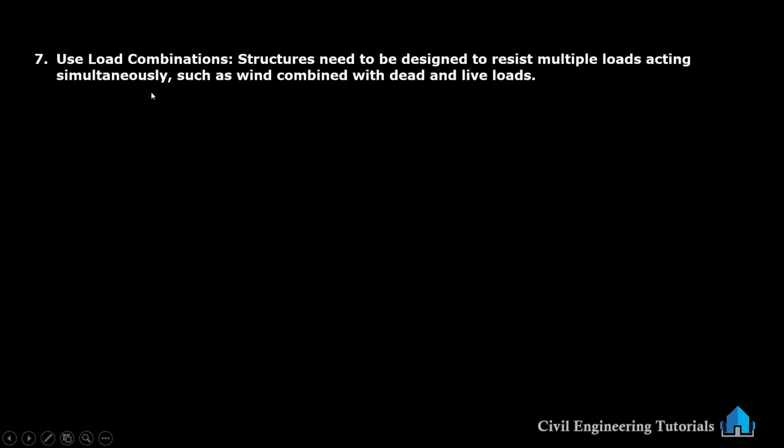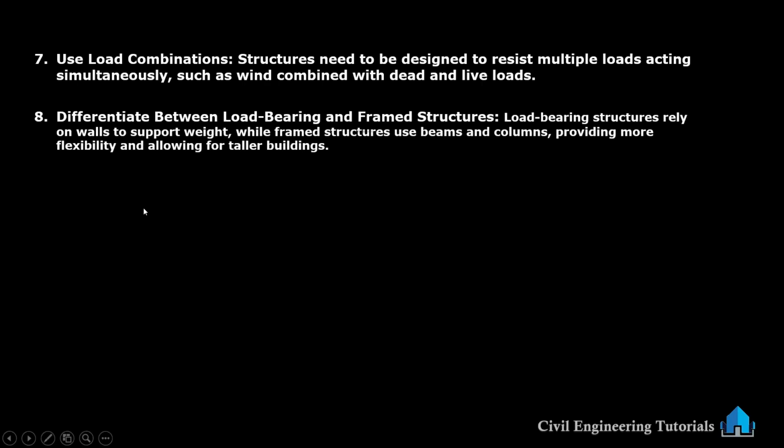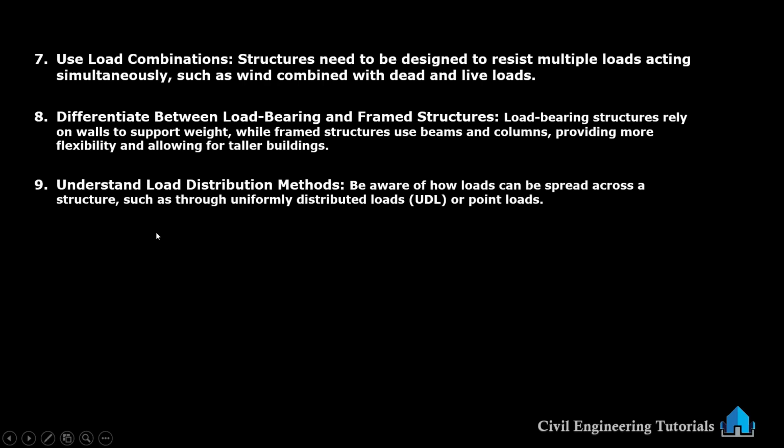Use load combinations. Structures need to be designed to resist multiple loads acting simultaneously, such as wind combined with dead load and live loads. Differentiate between load-bearing and framed structures. Load-bearing structures rely on walls to support weight, while framed structures use beams and columns, providing more flexibility and allowing for taller buildings. Understand load distribution methods.